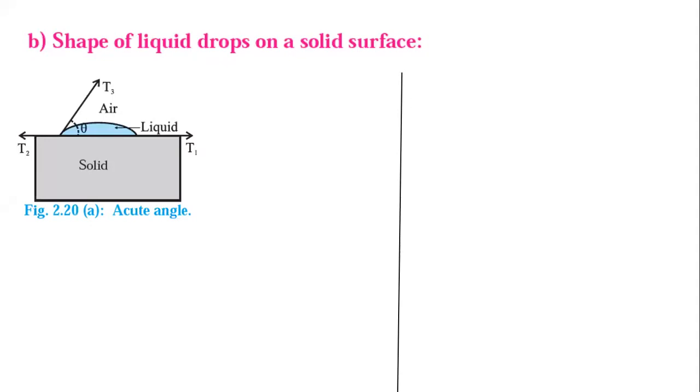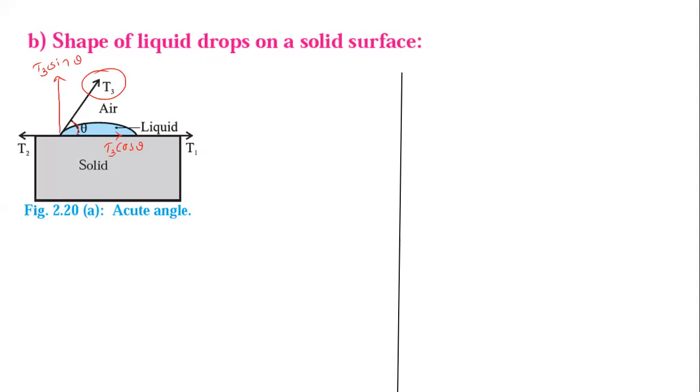This T3 we have to resolve into two components. So this is theta. Adjacent to theta is T3 cos theta, and this component is T3 sin theta. I resolve this T3 into two mutually perpendicular components, T3 cos theta and T3 sin theta.